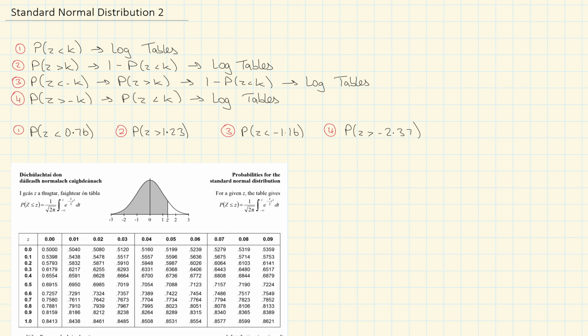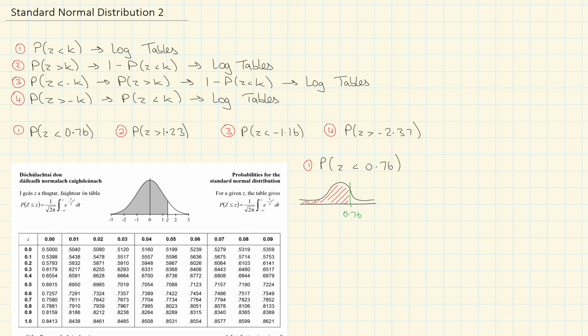Okay, so we'll look at our first one here. We were told the probability that z is less than 0.76. So we can go straight to our log tables. So what's happening here is we have, say, 0.76, and they want the area to the left.